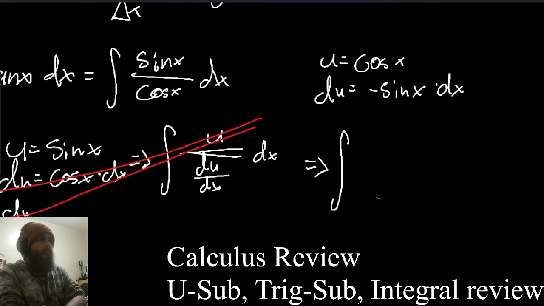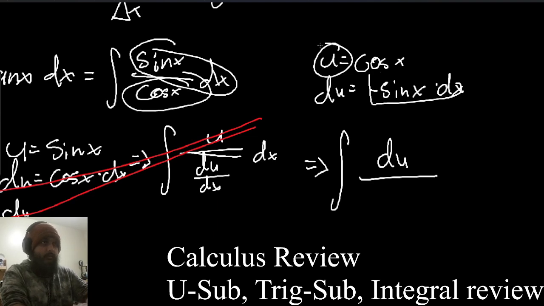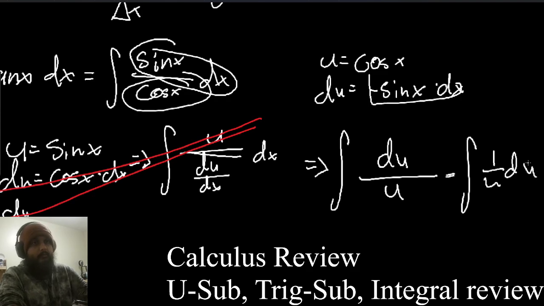Sine x dx, that's just our du, so du is in the numerator, and then cosine x, that's just our u, in the denominator. And this you can compute, right? If you want, we can rewrite it as 1 over u du.